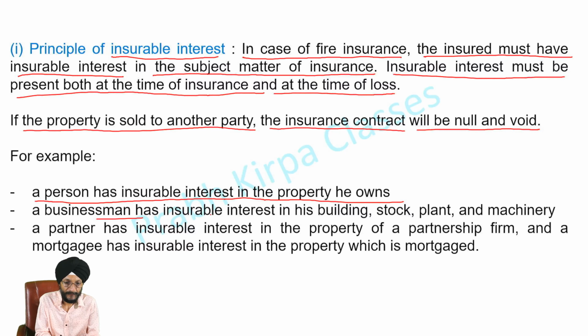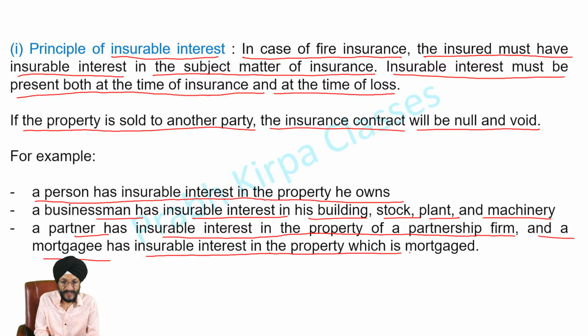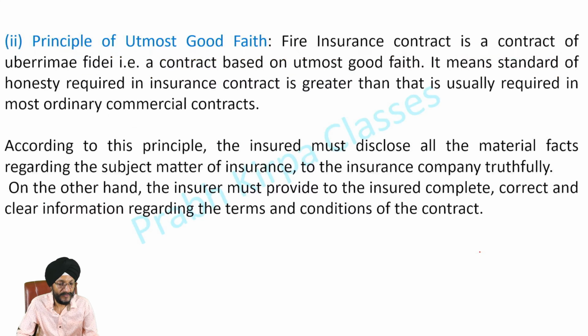A businessman has insurable interest in his building, stock, plant and machinery. A partner has insurable interest in the property of a partnership firm, and a mortgagee has insurable interest in the property which is mortgaged. Second principle is the principle of utmost good faith.